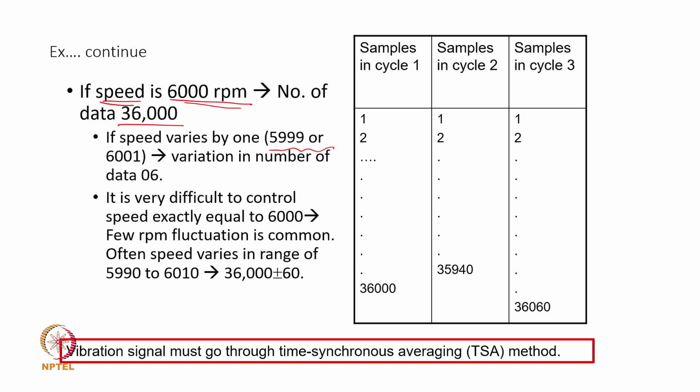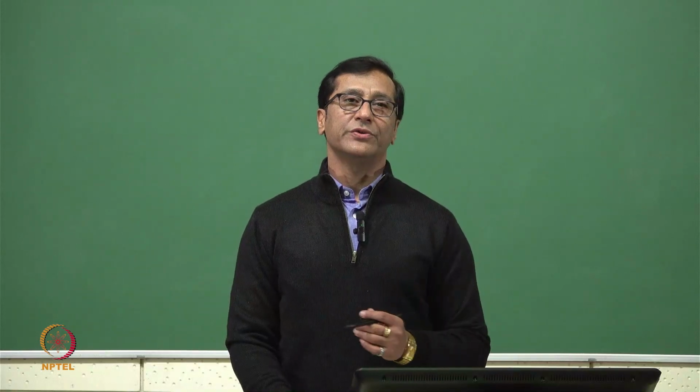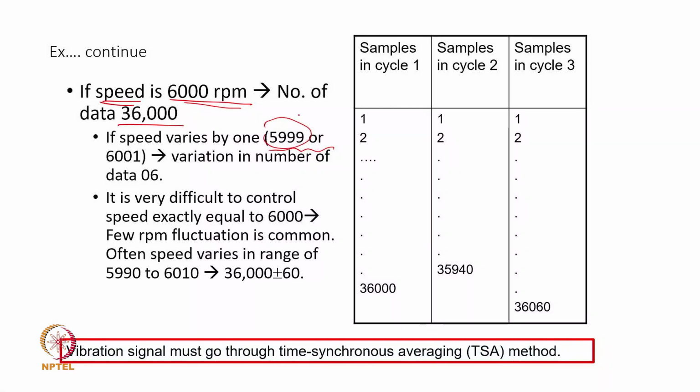Of course there are some motors which are well controlled, but the motor we are using in our lab doesn't remain constant. Sometimes it may give 5999 rpm, sometimes it may give us 6001 rpm. So in this situation, the number of data is going to vary. It is very difficult to control exactly the speed of 6000.